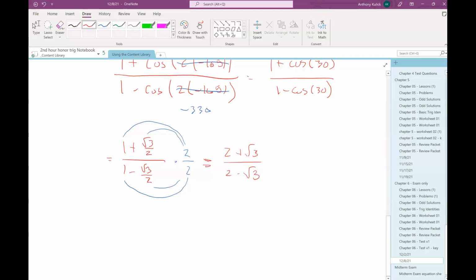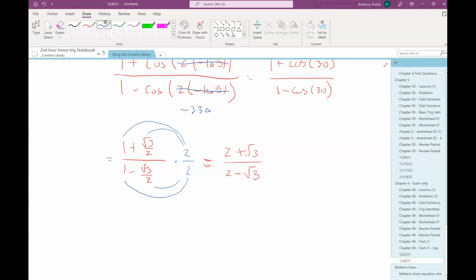Do we like this answer? No, well, why not? Yeah, we got a radical in the denominator. Fiddlesticks. This is actually the worst case scenario of having a radical in the denominator because there's also addition and subtraction associated with it. So if you remember back to last year, which I'm sure you don't, the way we get rid of a radical in the denominator when there's addition or subtraction going on is by multiplying by its conjugate.